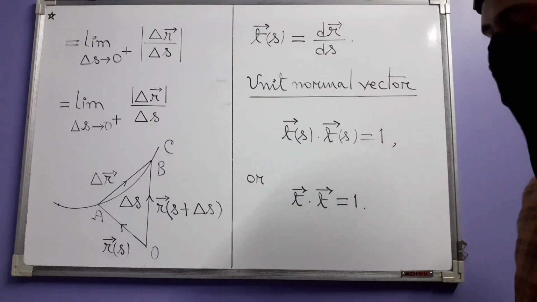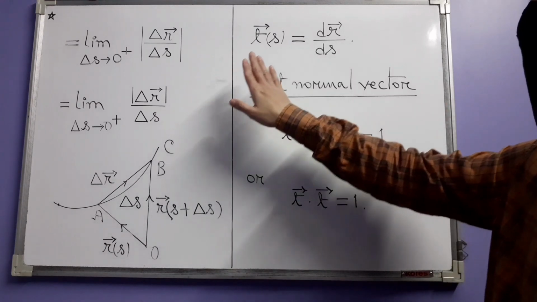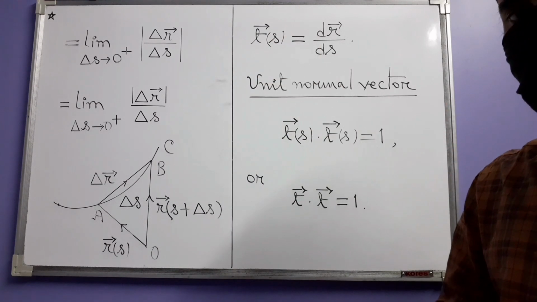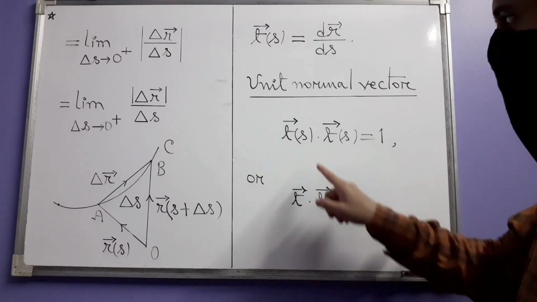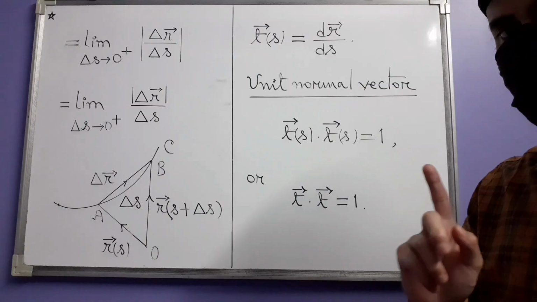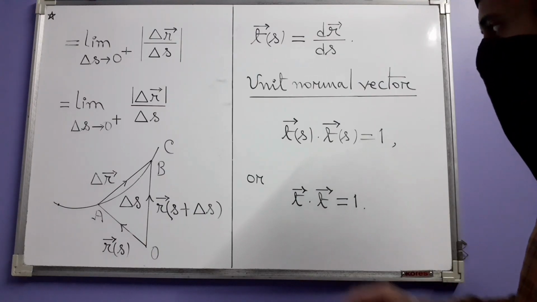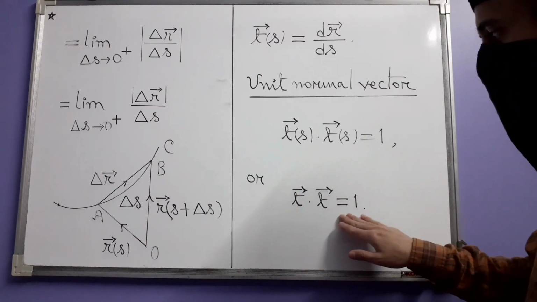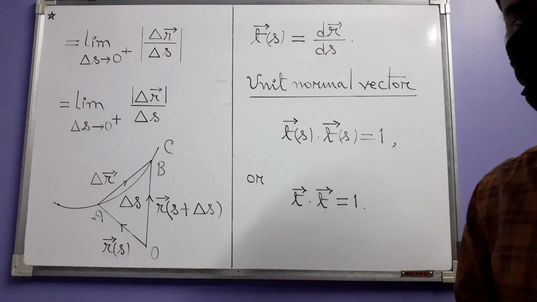So just now we have seen that T of s is a unit vector. So if I take the scalar product of it with itself, then I will get the real number 1. Or more simply, T dot T is 1.